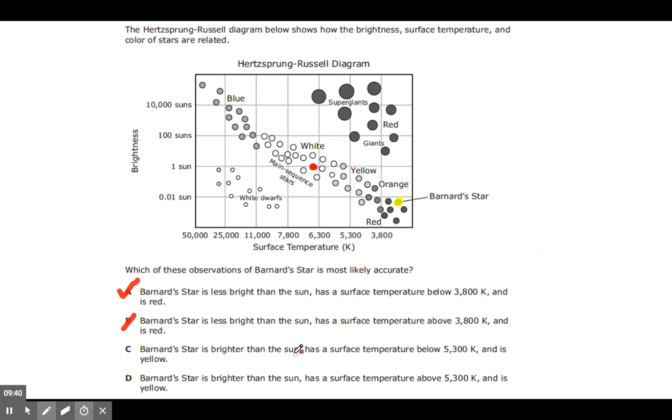We can stop right there because we know that Barnard's star is not brighter than the sun, nor is it hotter than the sun. C is incorrect, and also D. So the correct answer is A. I'm going to erase my screen and then we're going to apply it to another question.